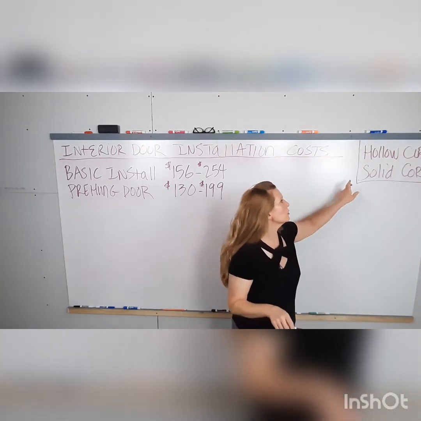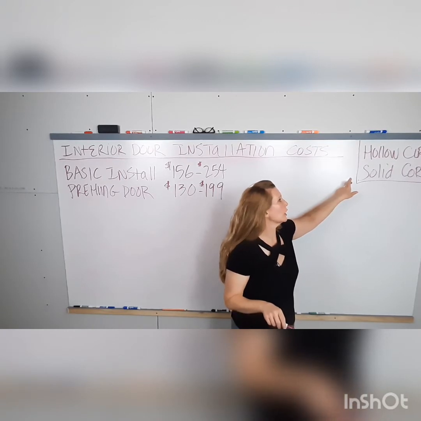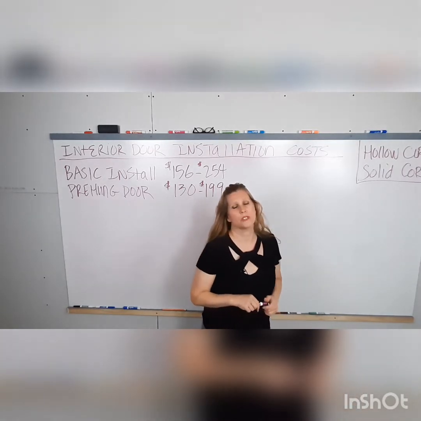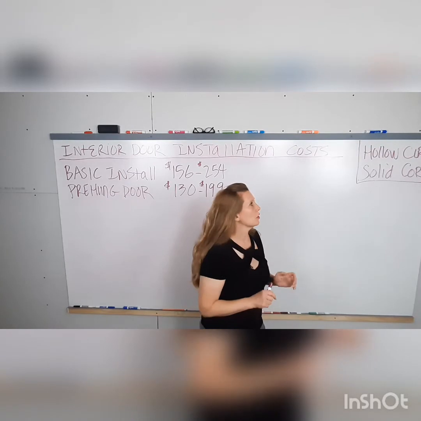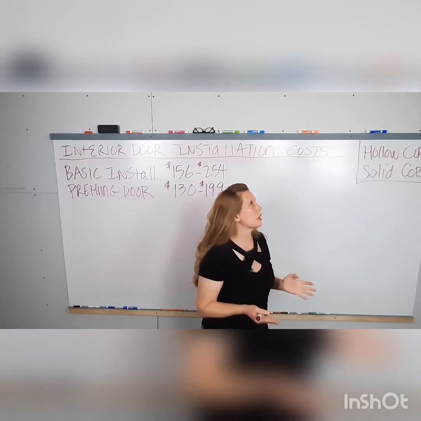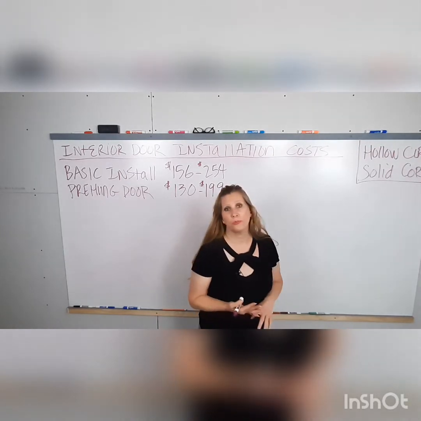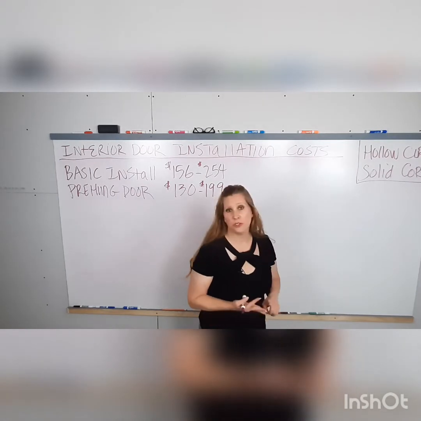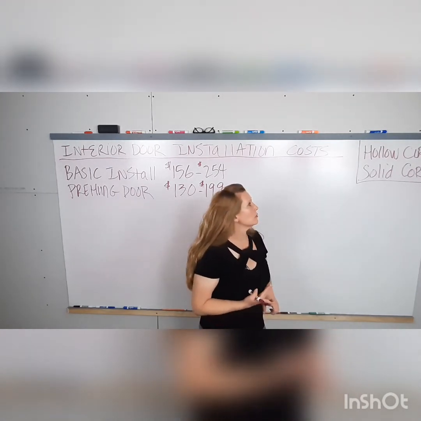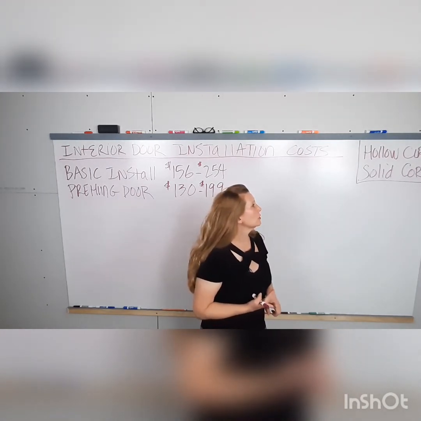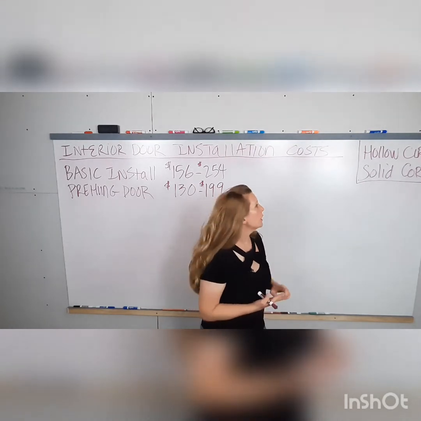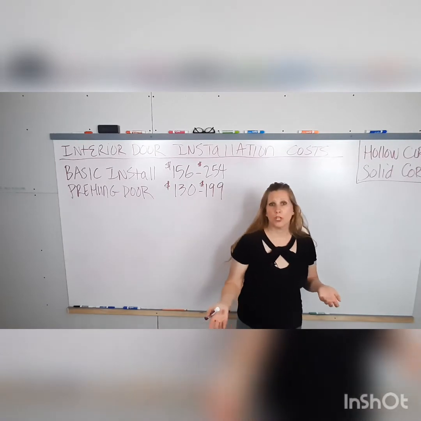So a solid core door is used for any area or room where you want soundproofing. So let's say, for instance, a bathroom or a bedroom, maybe to give you a little bit more privacy. And then, okay, like a laundry room, for instance.